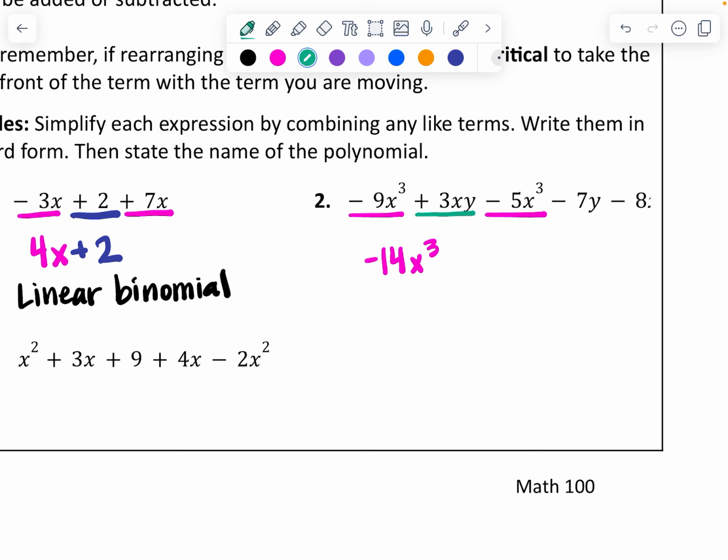There's no other xy term, so plus 3xy. Then we have negative 7y. Again, there's nothing to combine that with. And then negative 8 is my constant.